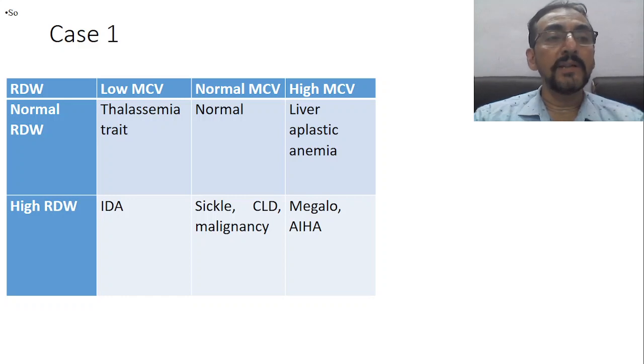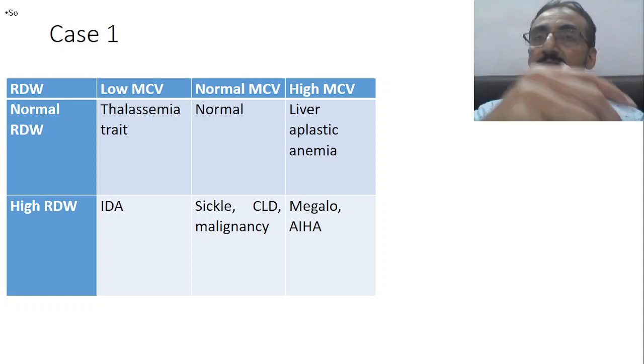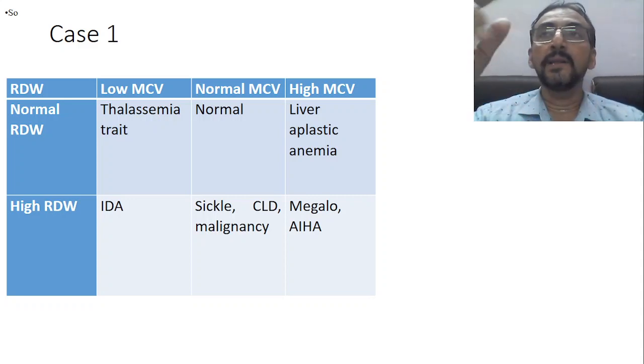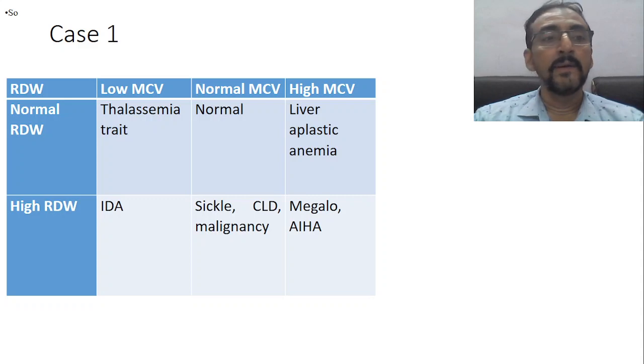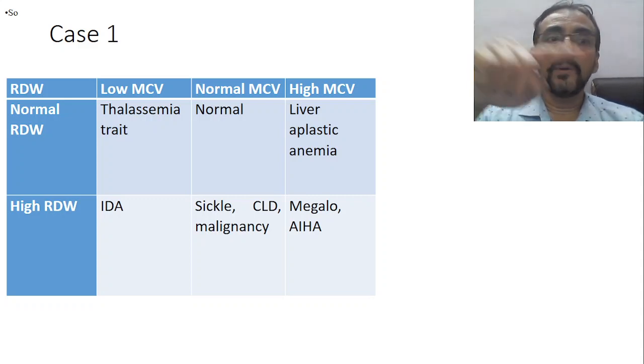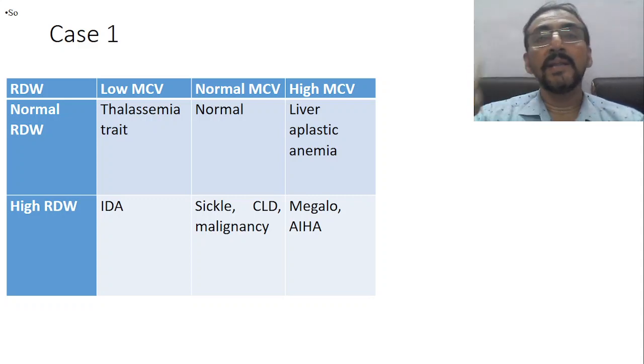अगर कोई भी कंडीशन है जहाँ पे RDW नॉर्मल है, रेड सेल डिस्ट्रीब्यूशन नॉर्मल है, बट MCV कम है, so then it suggests thalassemia trait. Similarly, RDW is normal and MCV is also normal, then it is a normal condition, no doubt, कोई दिक्कत नहीं है.